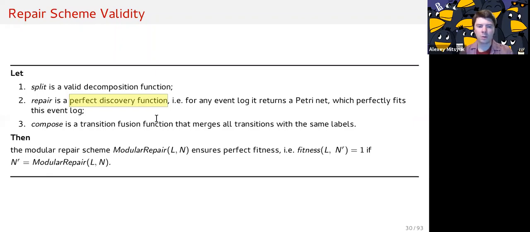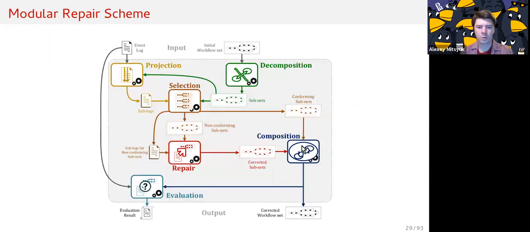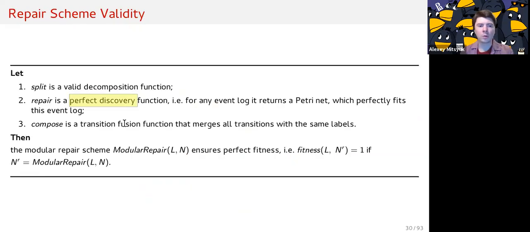The same guarantee is satisfied by an ILP miner. And that's why we use these algorithms. But actually any perfect discovery function can be used there. And to compose the final model, we use just a simple transition fusion function. So we just fuse transitions with the same labels.